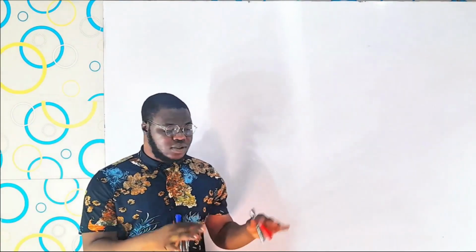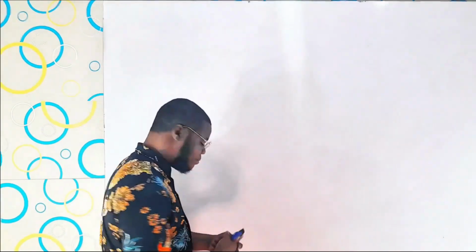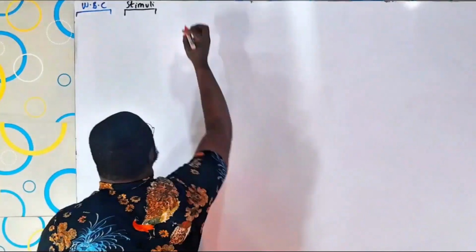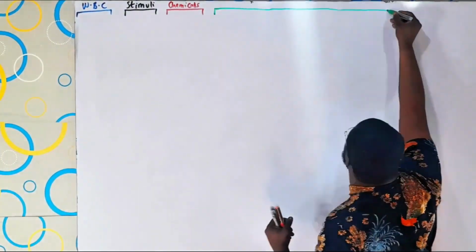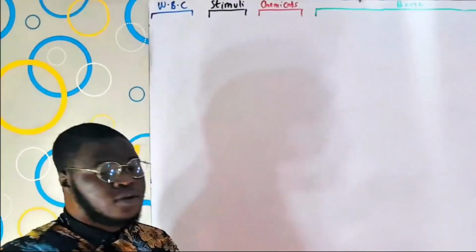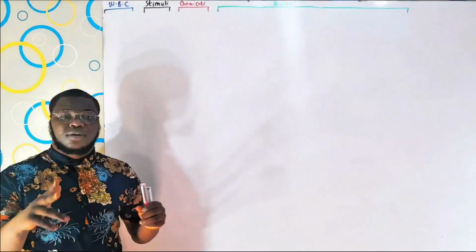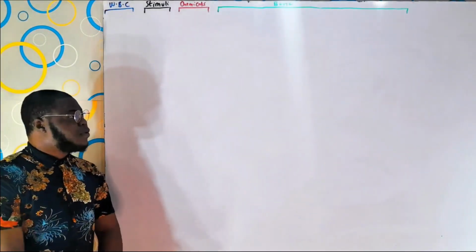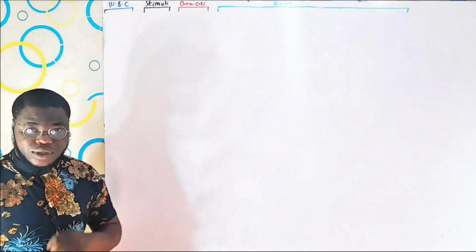Welcome back, guys. Now, I'm going to draw a diagram on the board illustrating the stages, the processes of leukopoiesis. So, just give me some minutes. I'll be right back. So, guys, this is actually going to help us to visualize the process of leukopoiesis one after the other.